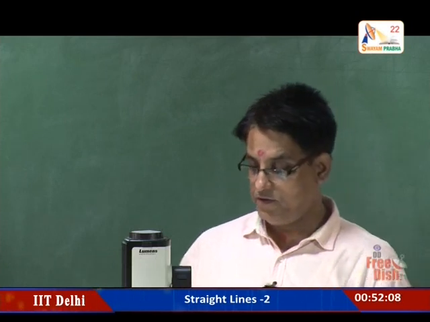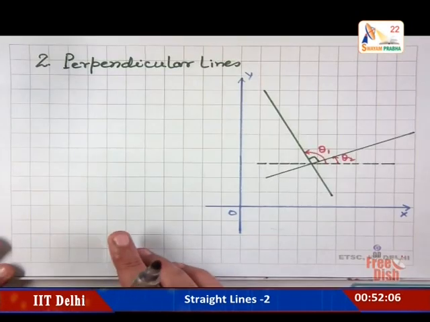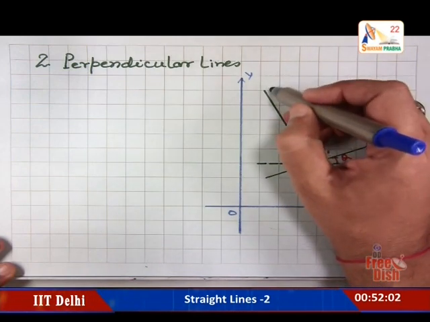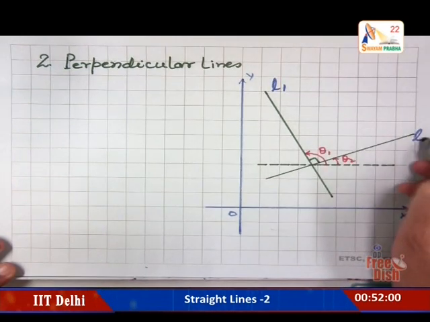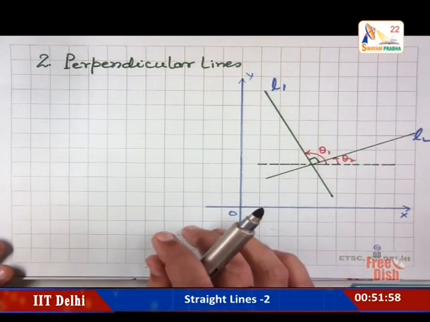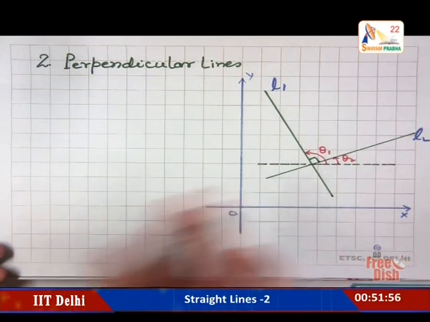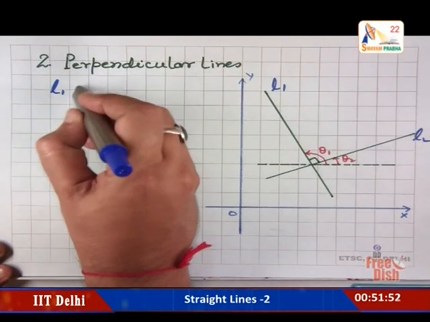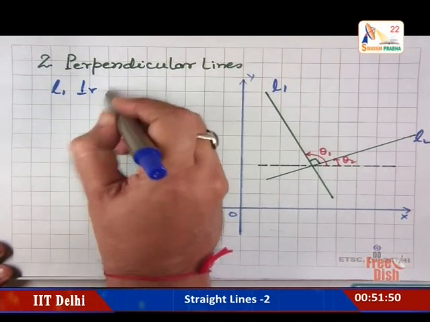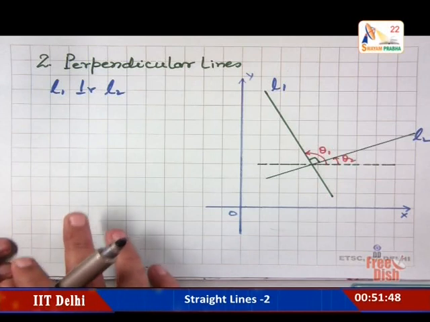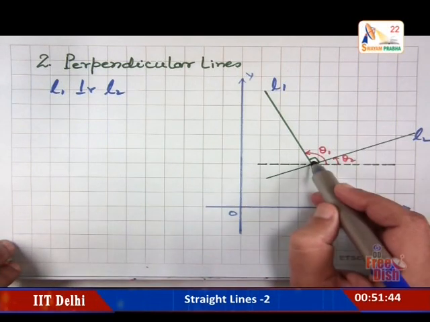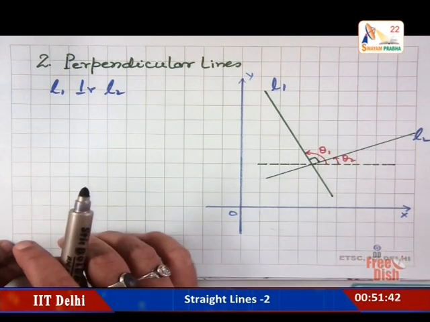What will happen when two lines are perpendicular? Say this is line L1 and this is line L2. Here L1 perpendicular to L2. It means this angle is 90 degree.